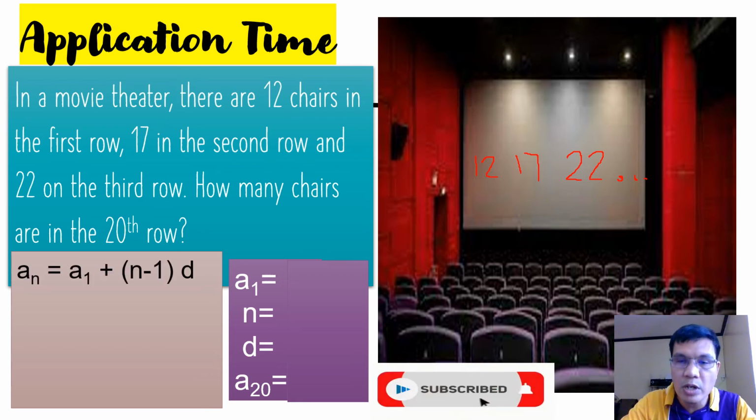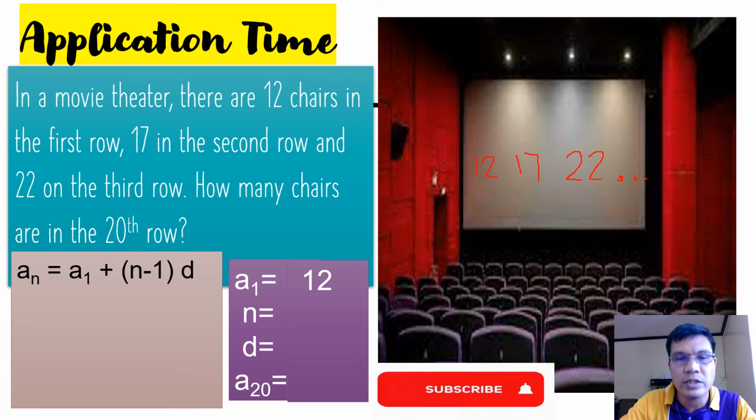So our formula, arithmetic sequence tayo, a sub n is equals to a sub 1 plus n minus 1 times the common difference. Wherein, ang ating first term ay, what is our first term? Yes, 12. And what is our n? What we are looking for? What nth term? We are looking for the 20th row.